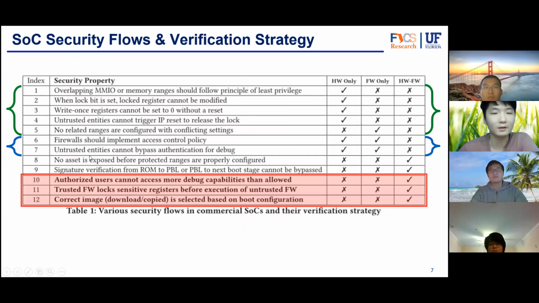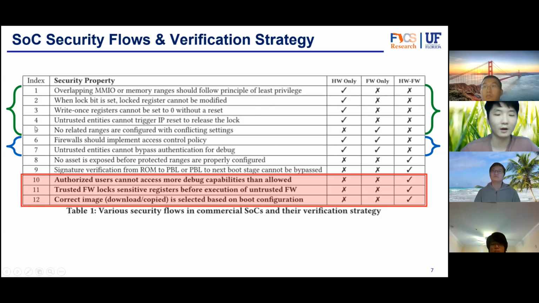So here's the table of various security flows in commercial SoCs and their verification strategy. As we can see, flows 1 to 4 are purely hardware implementations and are verified using hardware-only verification techniques such as RTL simulation and FPGA-based emulation.